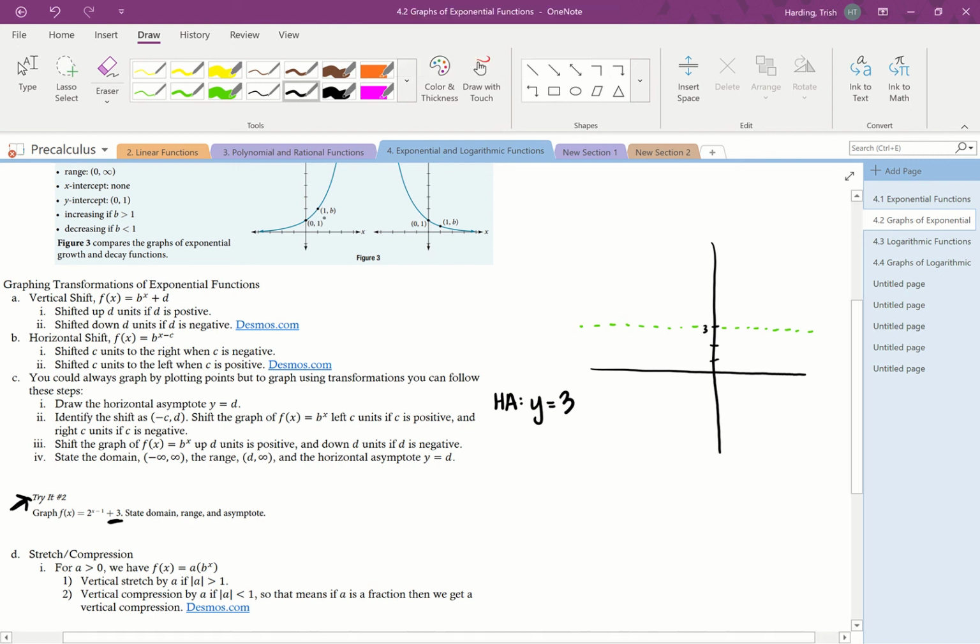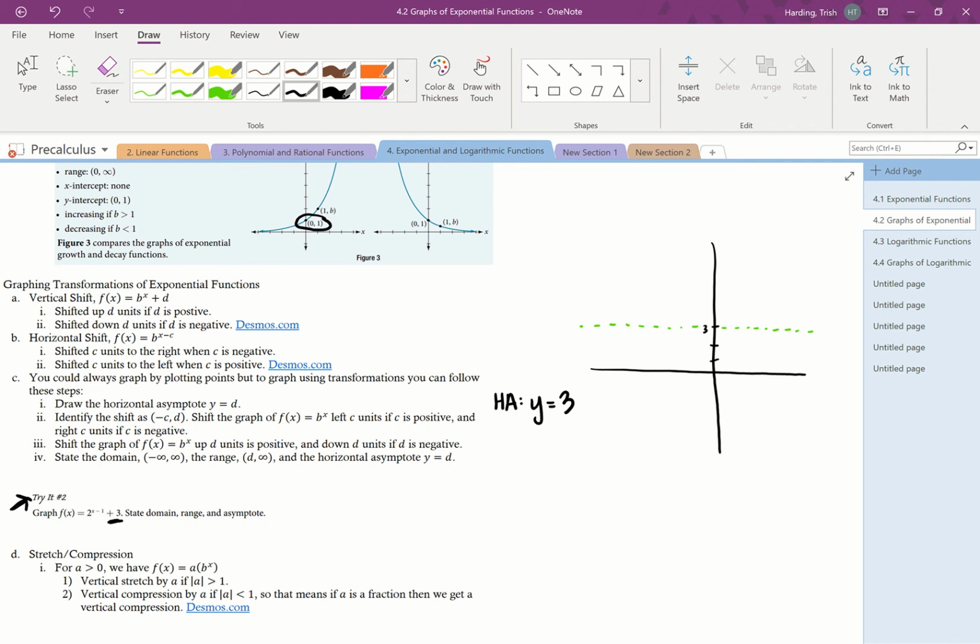So the point I will have here, 0, 1, I will shift that to the right by 1 so that it will become the point 1, 1. And then I will shift that up by 3.